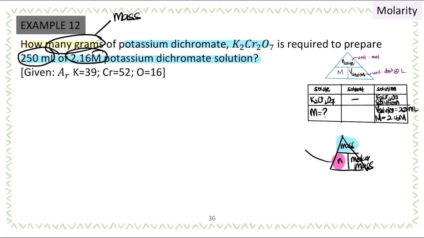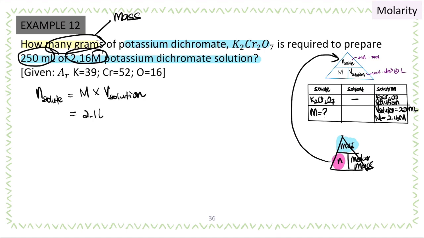As we can see from the triangle above there, the number of mole of solute can be found if we have the value of molarity and also the value of volume of solution. And these two are provided in the question. So what we have to do is just substitute the values inside the equation, and then we have the number of mole of solute is 0.54 mole.